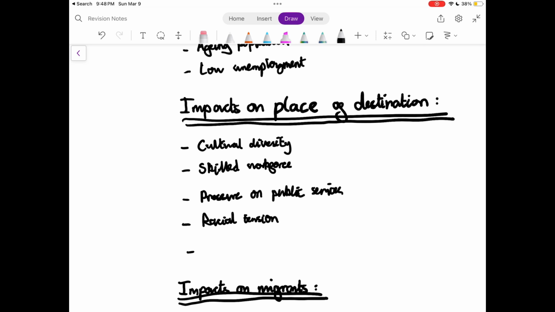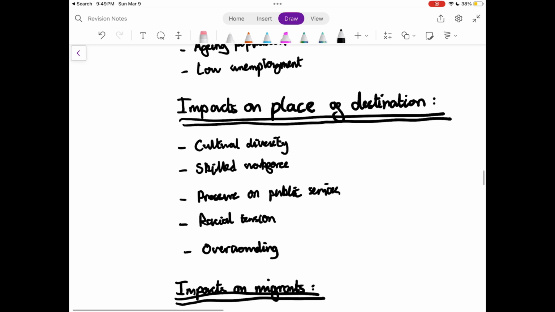So this could cause tension between different ethnic groups. And the last thing is overcrowding, which is also negative, because it just in general decreases the vibe of the atmosphere in the destination and can therefore harm the native people mentally and psychologically.